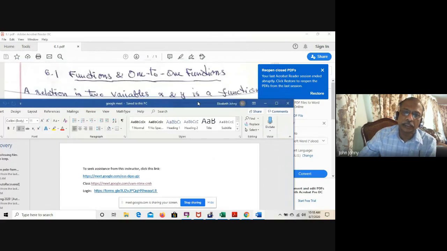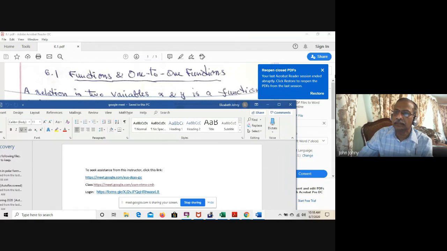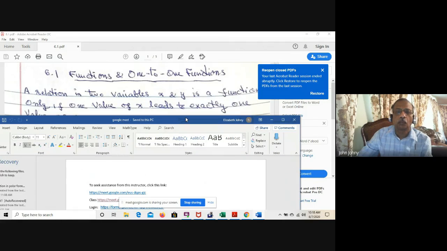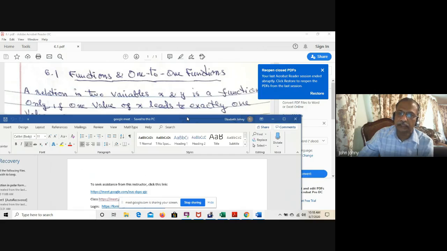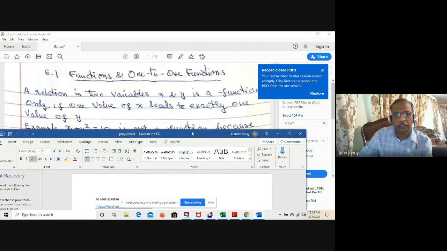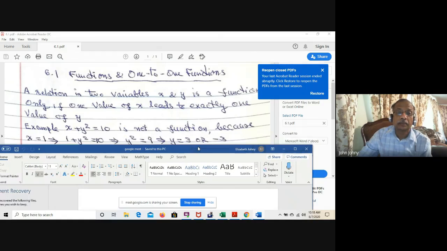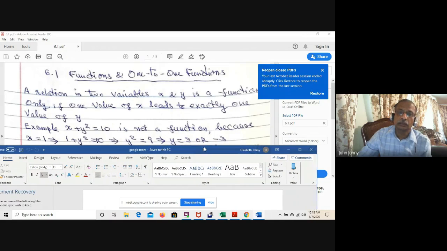A relation in two variables x and y is a function if one value of x leads to exactly one value of y. For example, consider the equation x plus y squared is equal to 10. This is not a function because when x is equal to 1, it becomes 1 plus y squared is equal to 10.